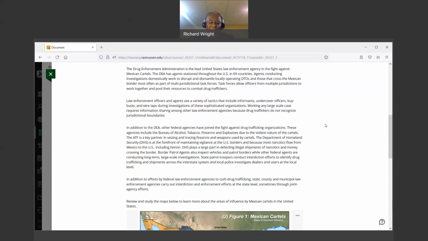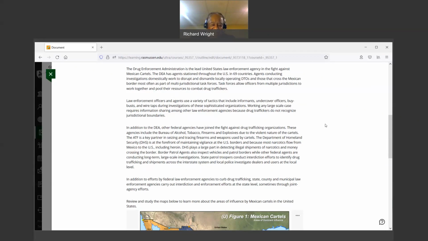In addition to the DEA, we have the ATF, the Bureau of Alcohol, Tobacco, Firearms and Explosives, which also works in conjunction with the DEA. And ATF is a key partner in seizing firearms and weapons, because wherever there are cartels operating, there are firearms utilized to protect the business they are doing.